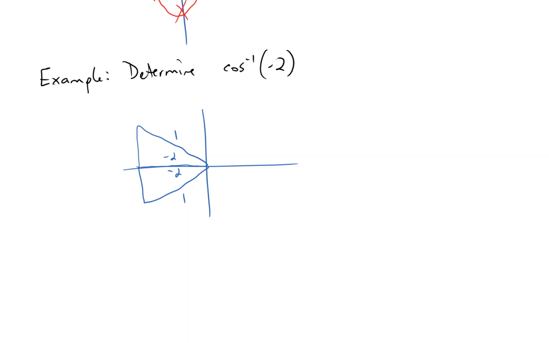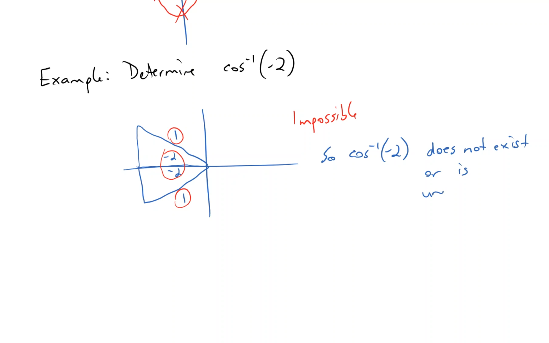And what you should realize at this point is the leg, -2, is bigger than the hypotenuse. This is impossible. Okay? Because you can't have a leg bigger than a hypotenuse. So cosine inverse of -2 does not exist. Or you could say it is undefined. You can't calculate it. Okay? If you type that in your calculator, you will see you get an error. Alright, so cosine inverse of -2 does not exist.